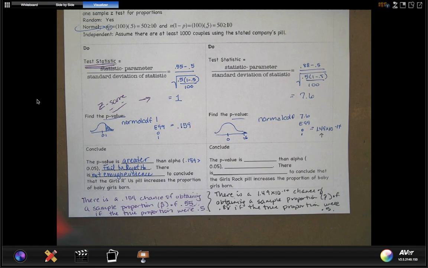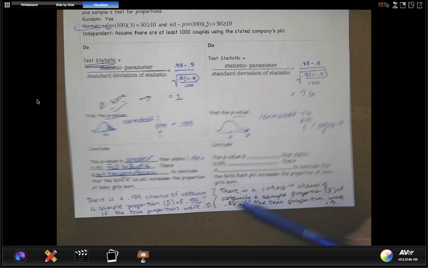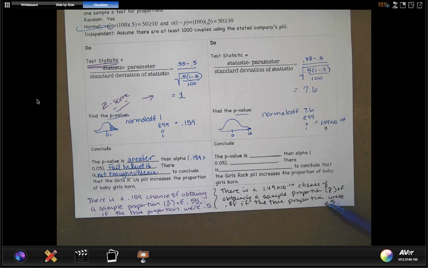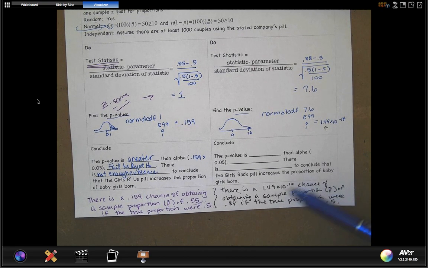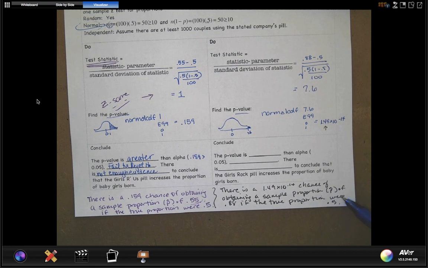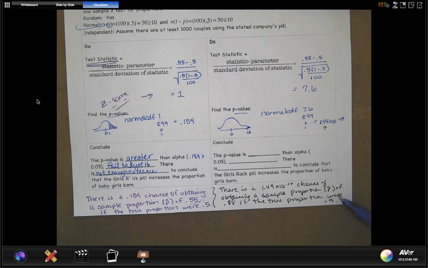So it's not likely for me to see 0.88 if the actual value were 0.5. Since it's so unlikely for me to see that value, the true proportion probably is not 0.5.